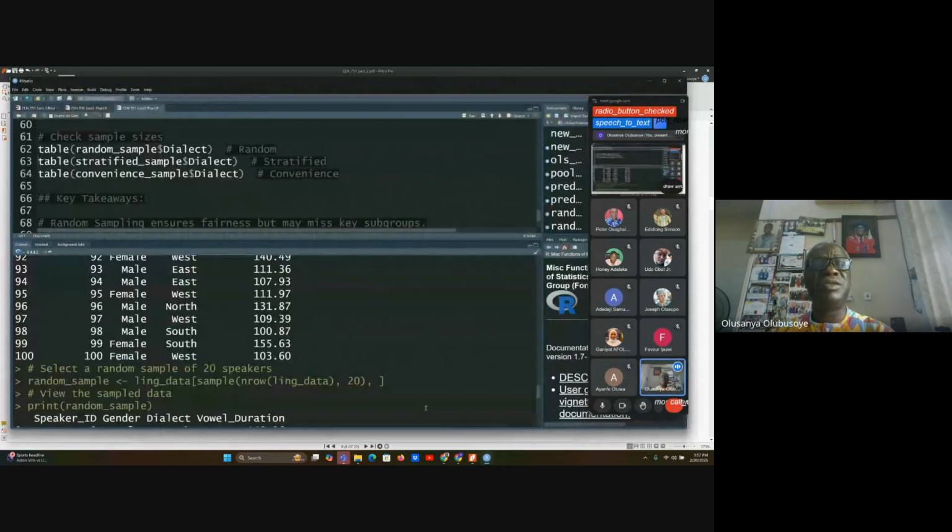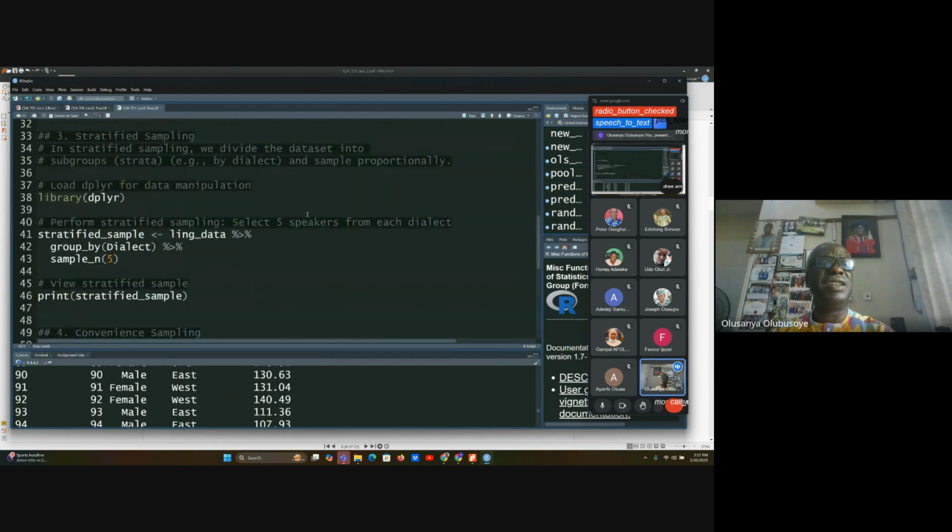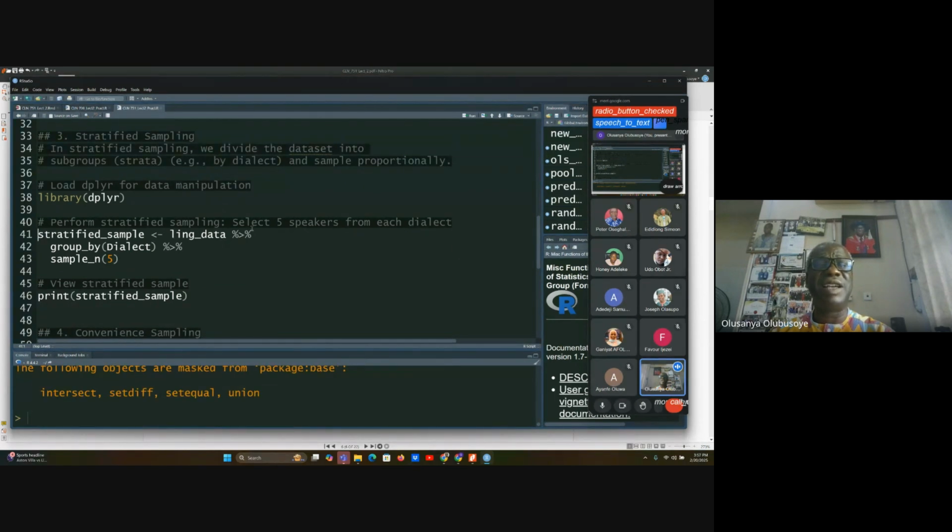Now let's go back to our example here. If I apply stratified sampling, then I will need to load this package called dplyr and then perform the stratified sampling and ensure that I select an equal number of speakers from each dialect.